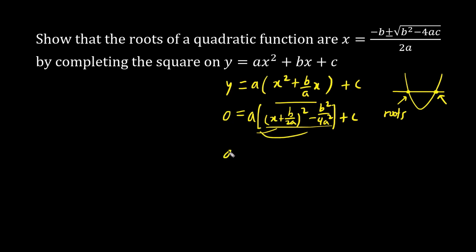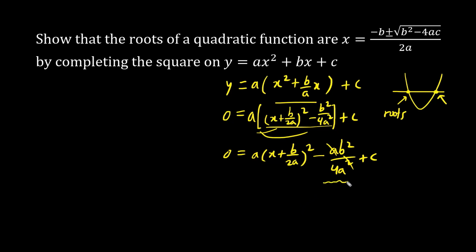Using distribution, we have 0 equals a times (x plus b over 2a) squared, and then here we have a times this becomes minus ab squared over 4a squared. And like before, we cancel out one of these a's, top and bottom.